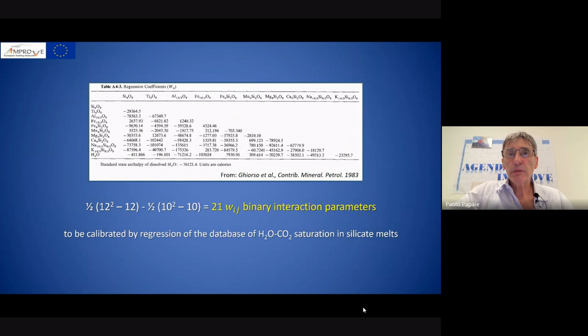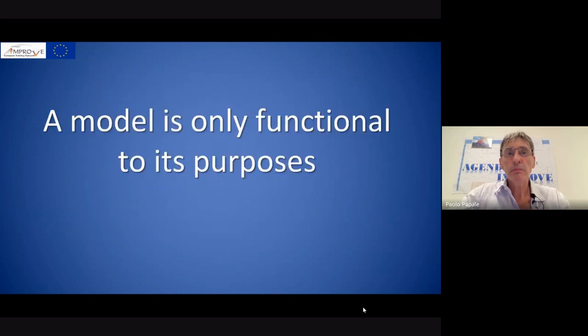Each one of the possible forms for the binary interaction parameters has consequences for the thermodynamics of volatile bearing magmas, involving or not involving an excess volume, excess entropy, or excess enthalpy. However, one other concept must be introduced, and this is a very relevant one when doing whatever kind of physical mathematical modeling. A model is only functional to its purposes.